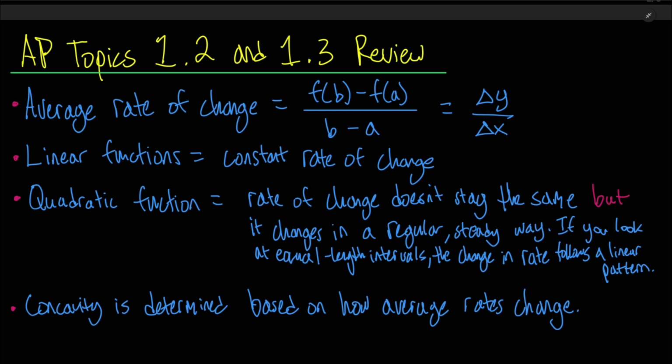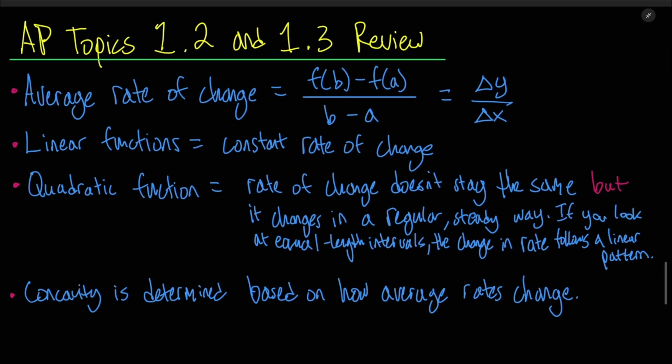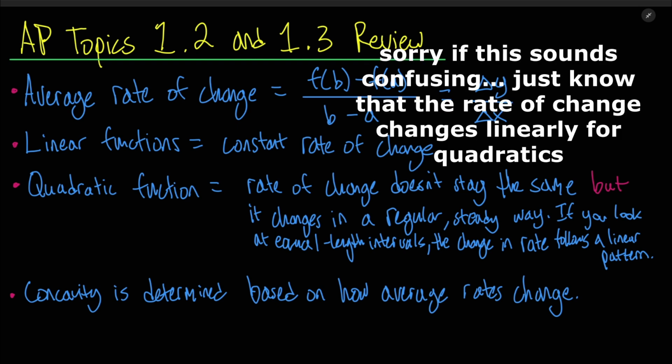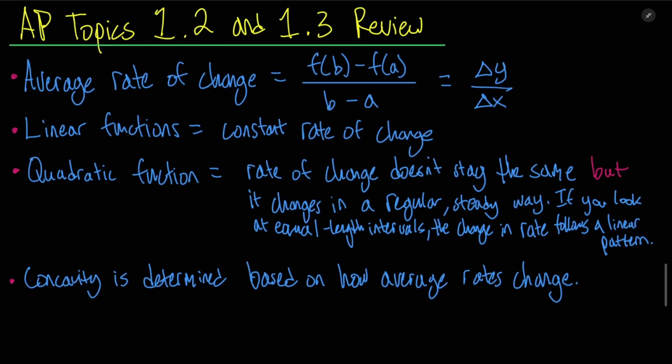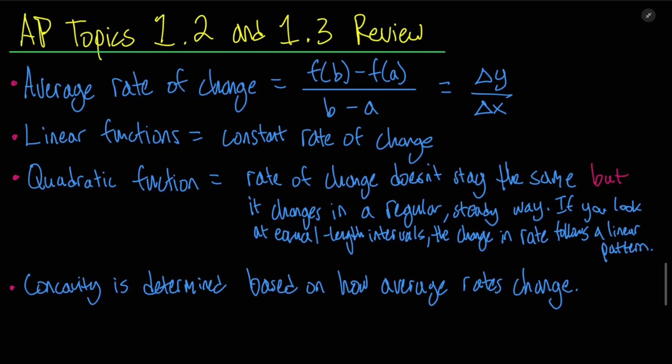Linear functions have a constant rate of change, and quadratic functions have a rate of change that doesn't stay the same, but the actual rates change in a regular, steady way, as we saw earlier in that table. If you look at equal length intervals, the change in rates follows a linear pattern. And concavity is determined based on how average rates of change change.